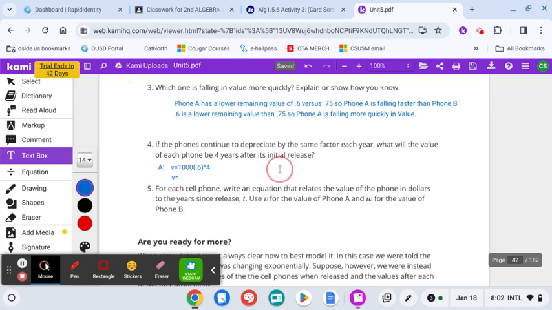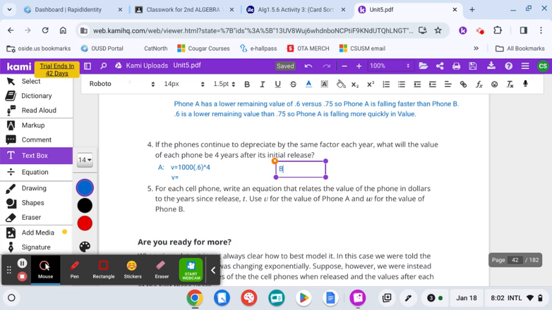So take a minute to calculate that one for me. Phone B starts at a value of 840, has a factor of 0.75. Again, they're having us plug in 4 years. Take a minute, grab that yellow calculator, and type that in.